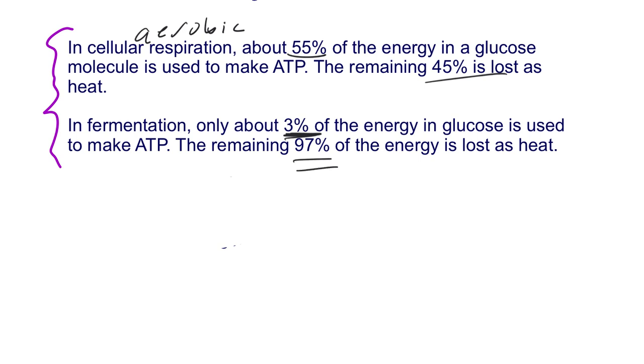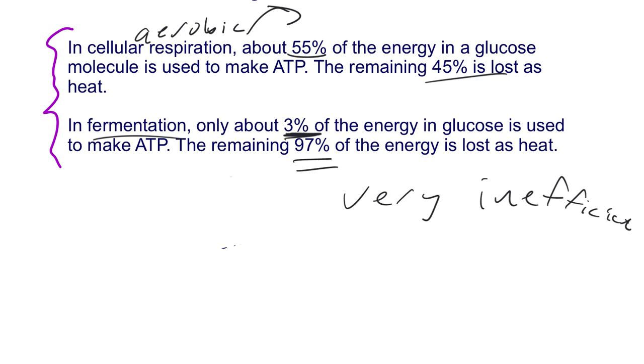The remaining 97% of energy is lost as heat. Very inefficient is fermentation. But if you're a simple organism, no big deal. You can handle it. Aerobic respiration is very efficient. You might say, no, it's 55%. Well, if you're running a factory and you have 55% efficiency, you'd be making a lot of money.